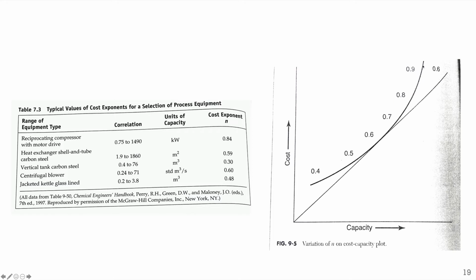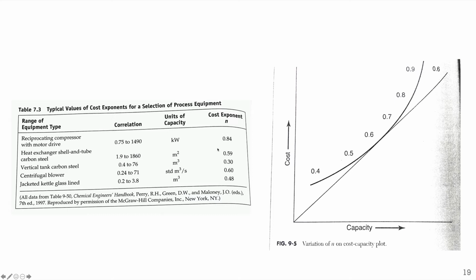So notice that if you look at the cost exponent variation for the different types of equipment, we notice from the literature, or this analysis, even from the Peters, that they report that for most of the equipment, a good estimate, when you don't know the exponent, is to assume that the exponent is 0.6.